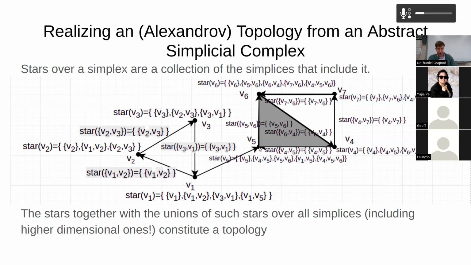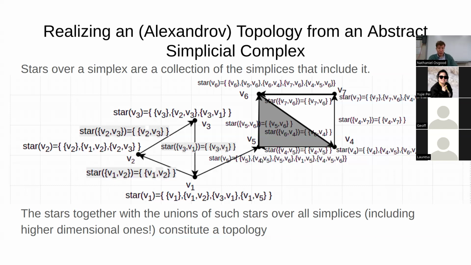We take the intersection of that with the star of this, for example, and we'll get V5 alone, because the star of this entire complex here, V4, V5, V6, which should be written down here, is just itself. If we take the intersection of that with V1, V5, we will get V5. That's its point of intersection.